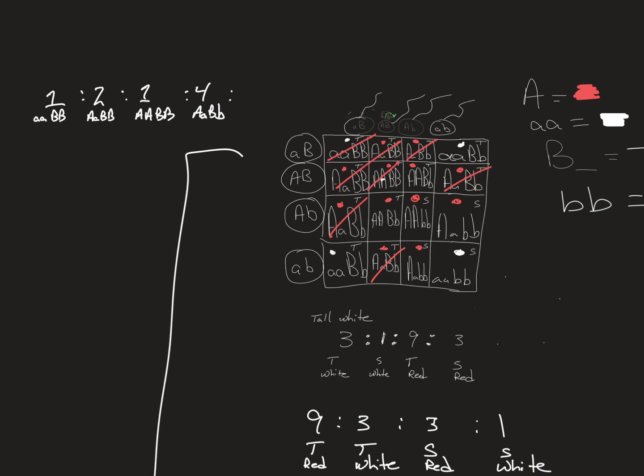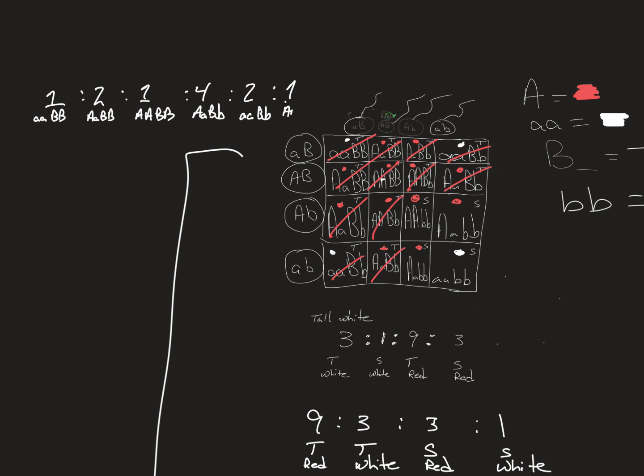Now little a, big B, little b. 1, 2. And what about big A, big B, little b? Oh, 1. 2. Where's the second? It's in the third column, second row. I see. So this one, and this one.